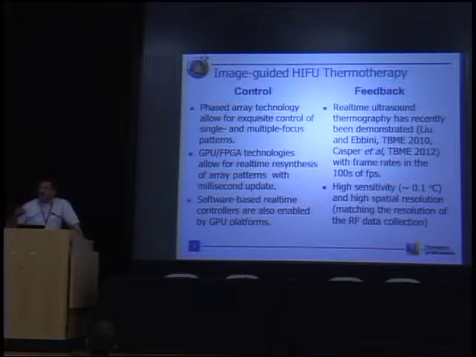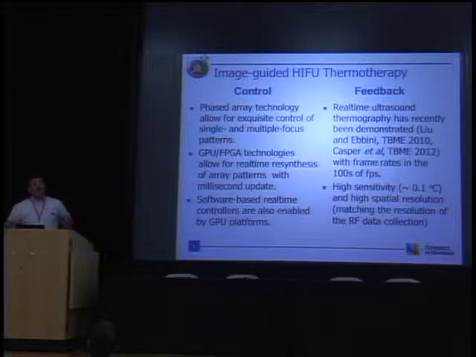We can resynthesize at 1,000 times a second. That's thanks to the circuitry and the new high-performance computing structures that are available. And again, like was mentioned by Mikhail and Jürgen, we are doing software beamforming, completely software beamforming for our synthetic aperture imaging. So we can do a lot in terms of control.